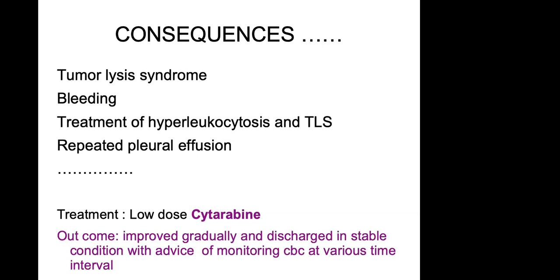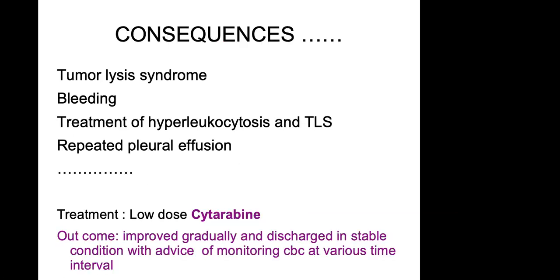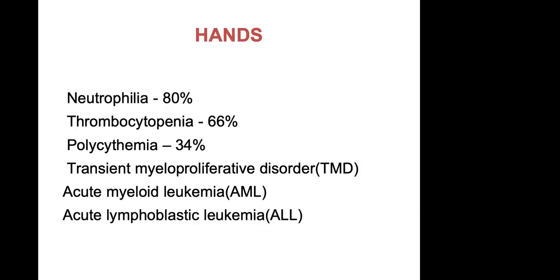He had hepatomegaly with deranged liver function, and most importantly a pleural effusion for which he needed repeated taps. So I started low-dose cytarabine, and he responded to this treatment. Later we were able to discharge him, and now he is on follow-up. Yesterday a CBC was normal, and we asked them to come next month with a CBC and whatever investigations are required.